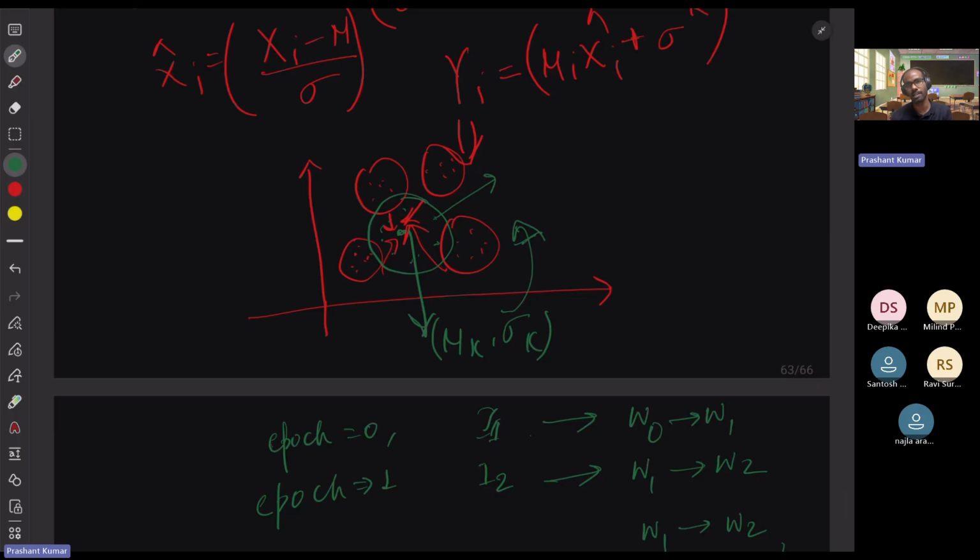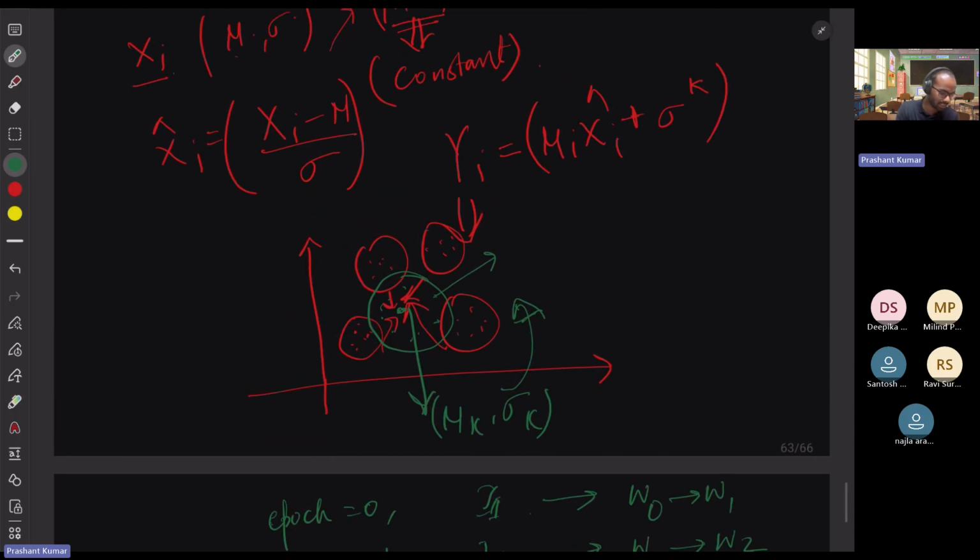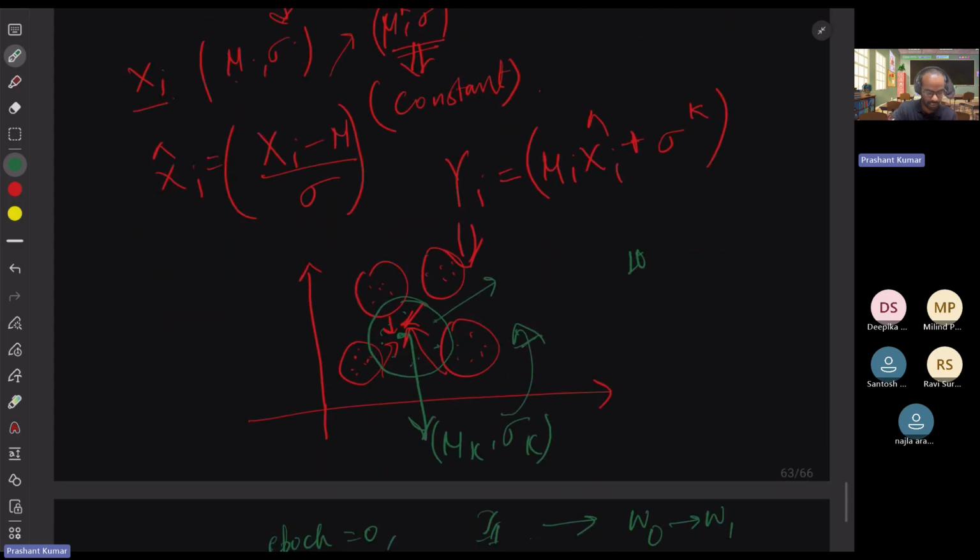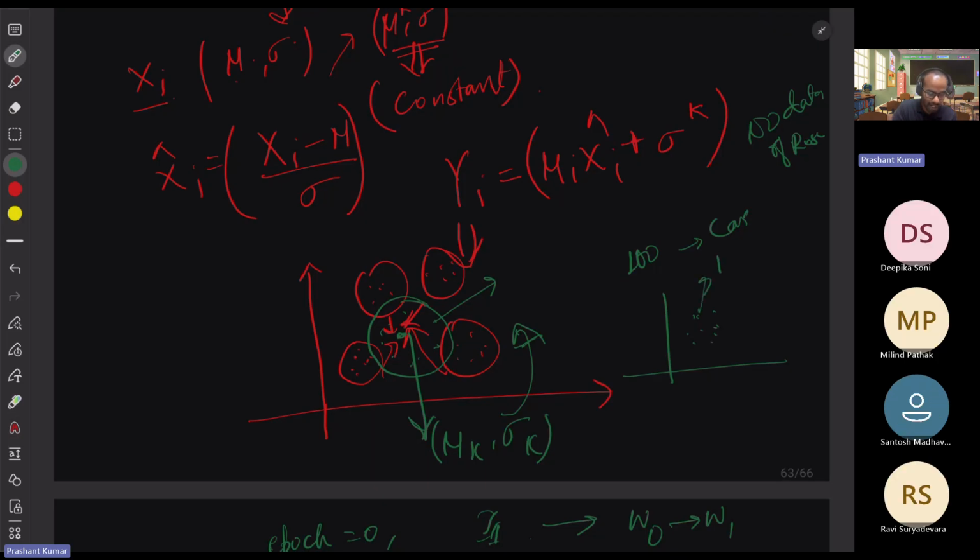If you are sampling something, let's say you have 100 data of a car and 100 data of something else, and you plot it, you will get some distribution, and then you can find the mu and sigma. Yes, it will create a cluster.